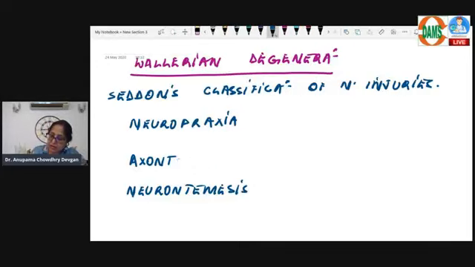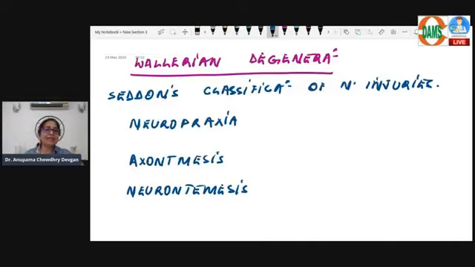Now, this is known as Seddon's classification of nerve fibers, right? This is going to be neuropraxia, axonotmesis, neurotmesis. Now, neuropraxia is a functional disturbance. This is commonly your pins and needles, which you get when you are sitting in one place for a long time, for example during a class.